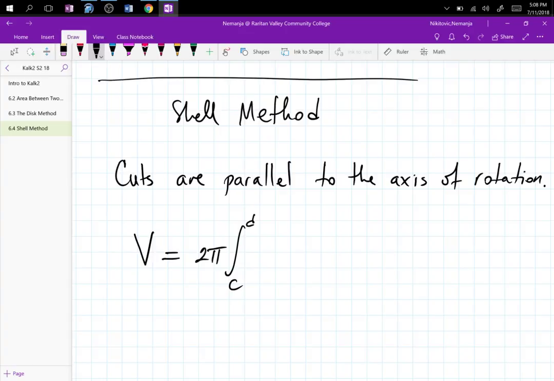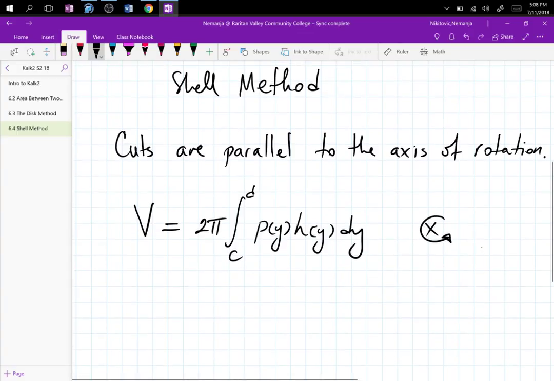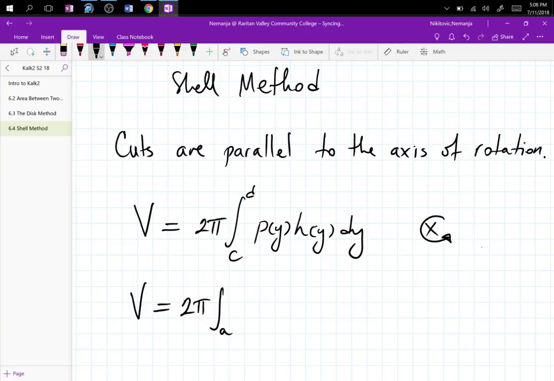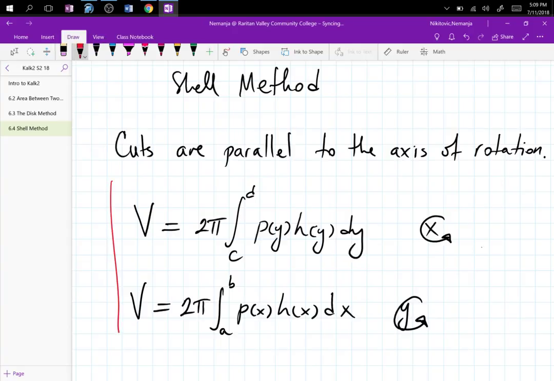And I'm going to change this formula slightly from what's in the book. I will say that this is going to be p of y, h of y, dy, if we are rotating around the x-axis. If we are rotating around the y-axis, we have 2 pi integral a to b, p of x, h of x, dx. So these are the formulas.